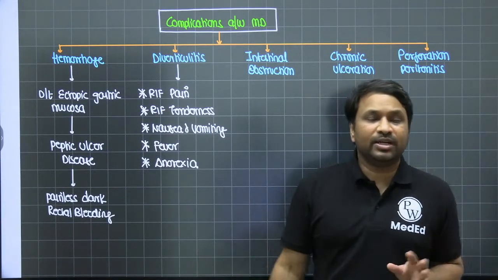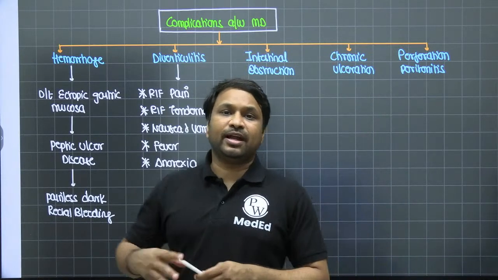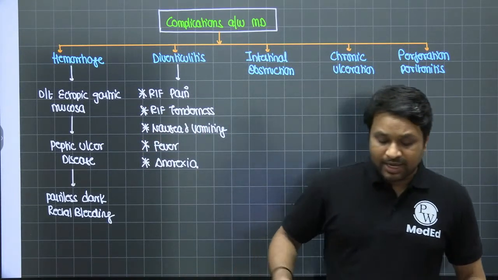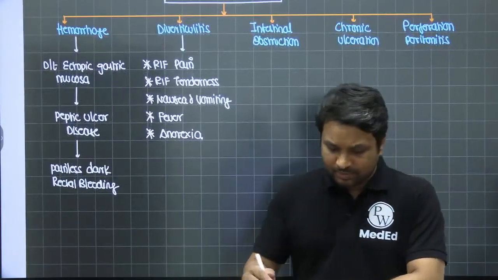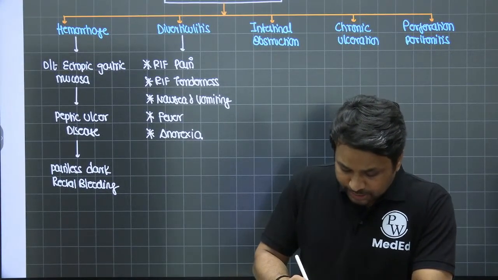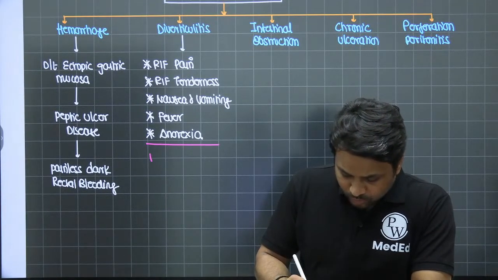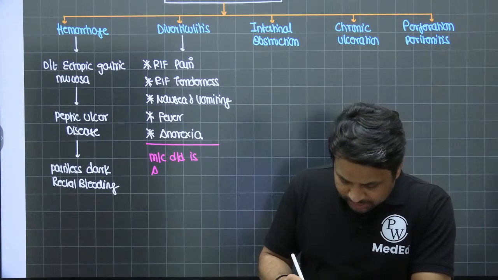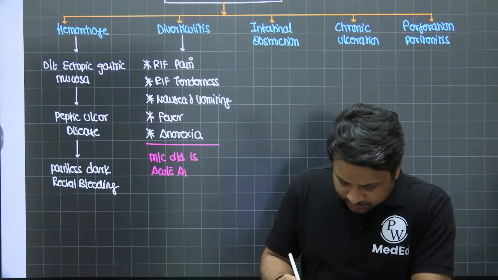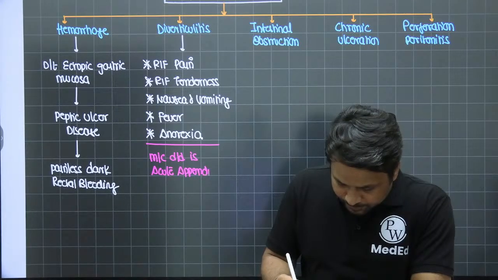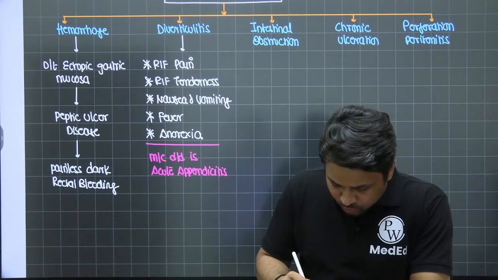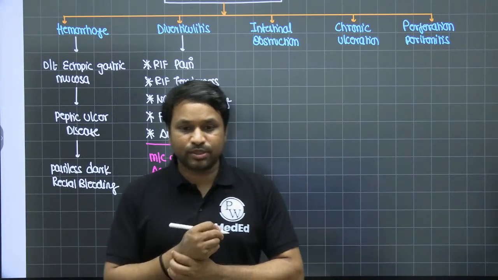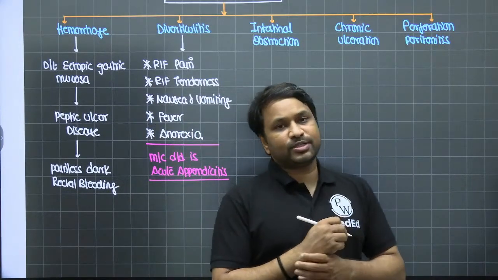Now forget about the diverticulitis. If a patient has right iliac fossa pain, tenderness, nausea, vomiting, anorexia and fever, the first thing that comes to your mind is acute appendicitis. So the most common differential diagnosis is acute appendicitis.